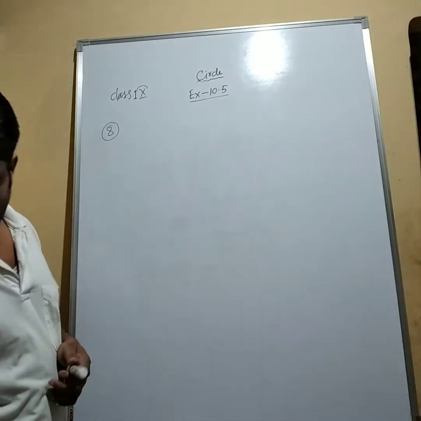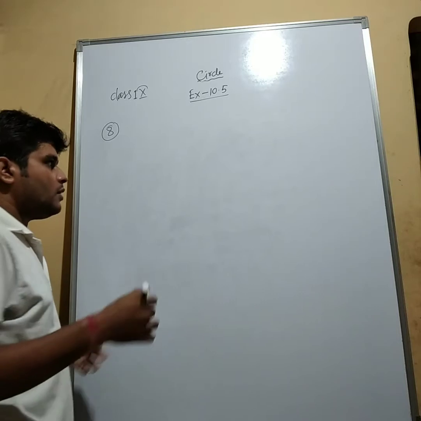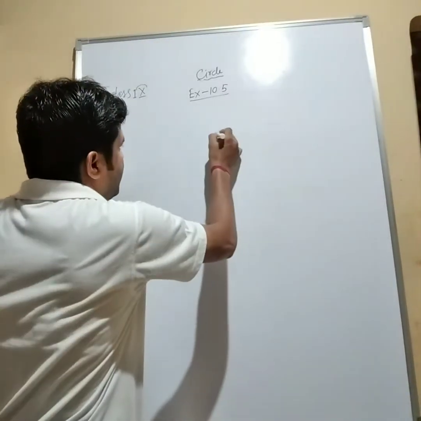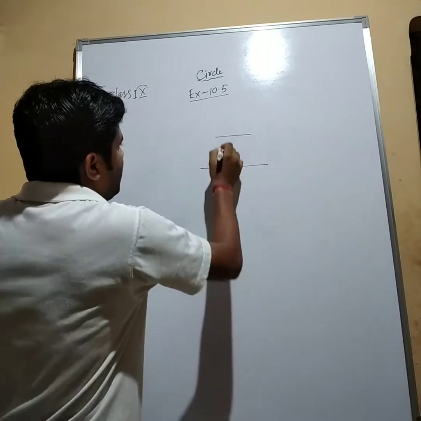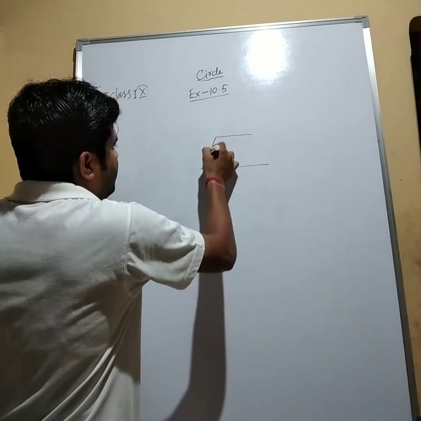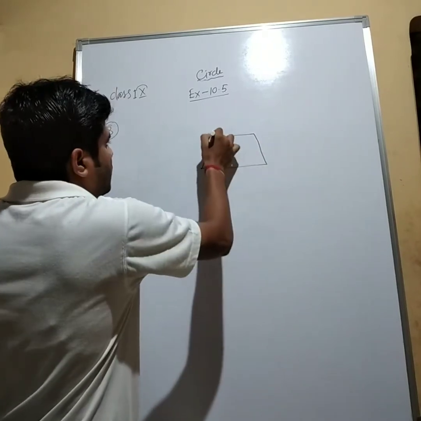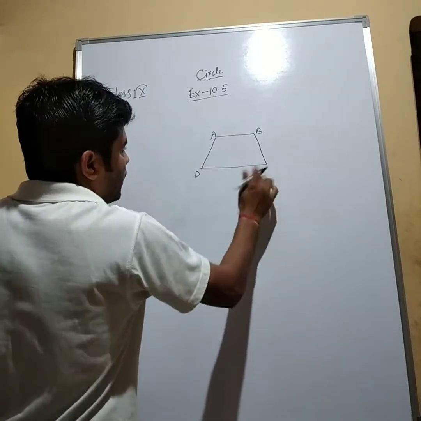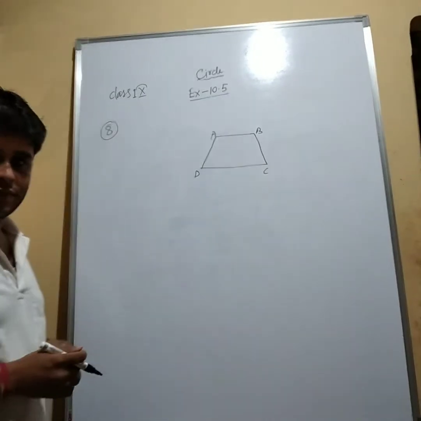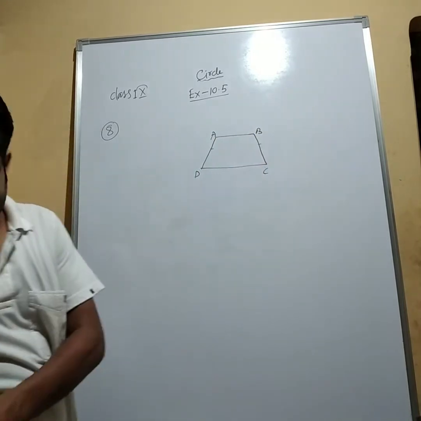Here the non-parallel sides of a trapezium are equal. So first of all, there is a trapezium, and this is parallel. What is given? If the non-parallel sides of the trapezium ABCD are equal, it is given.